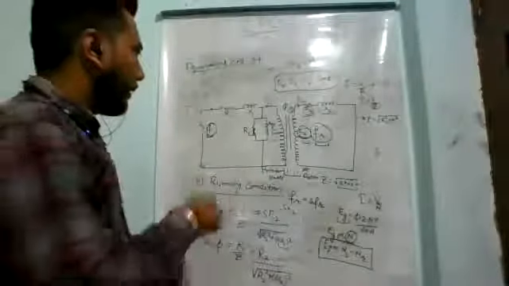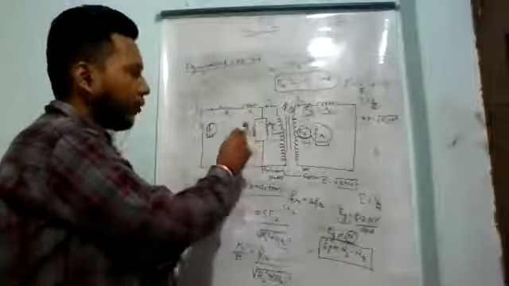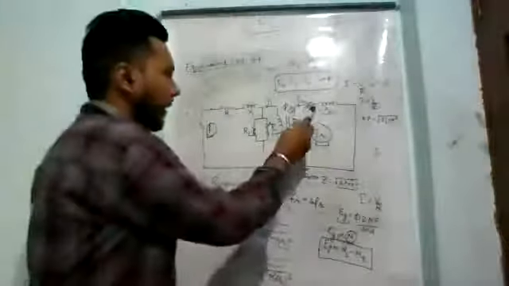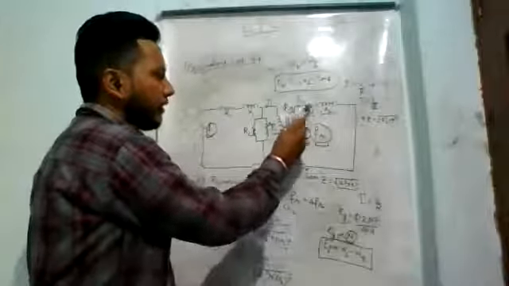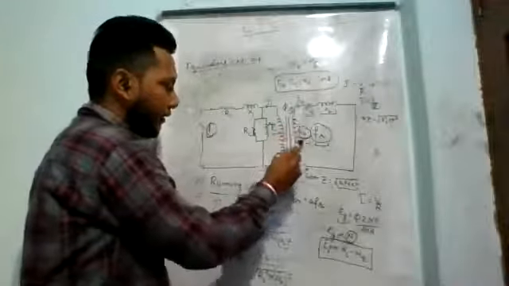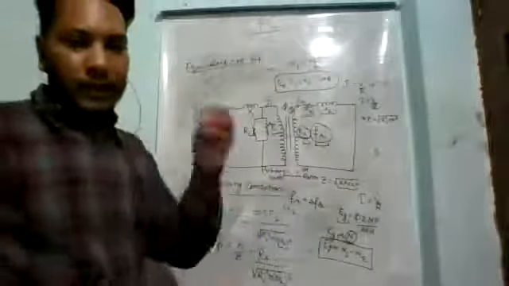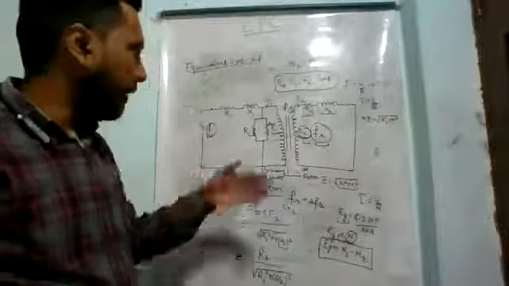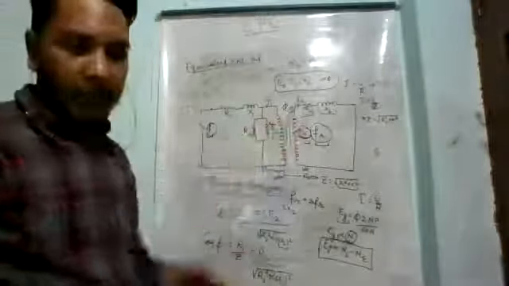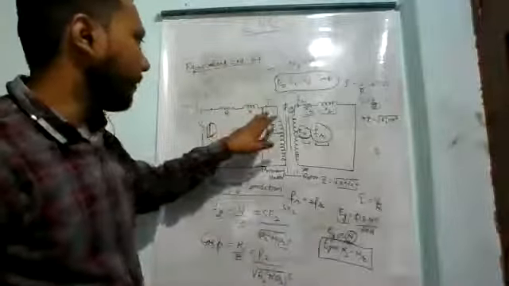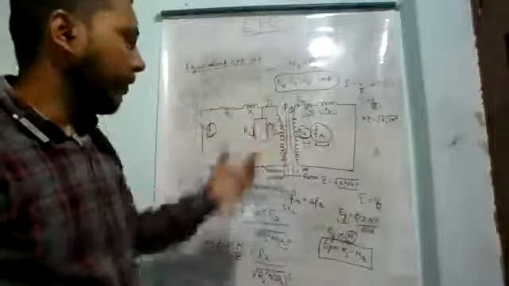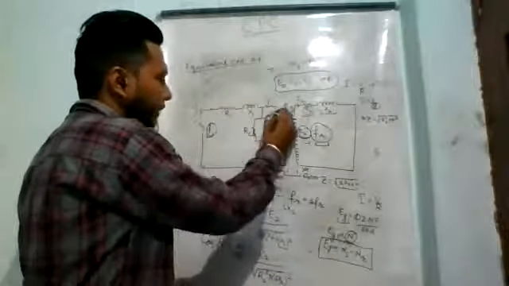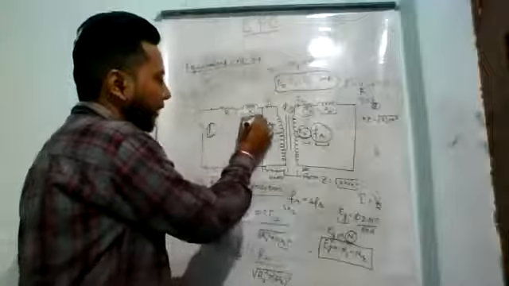Now here you can see this Rc is the core. This Rc represents the core losses in the stator winding, and this R2 always remains the same because it is part of the winding. Practically, a winding has both a resistance part and a reactance part.